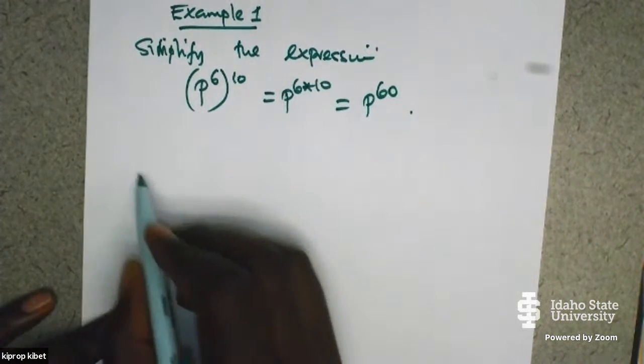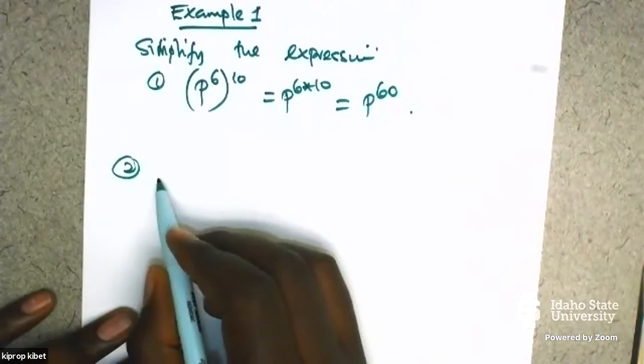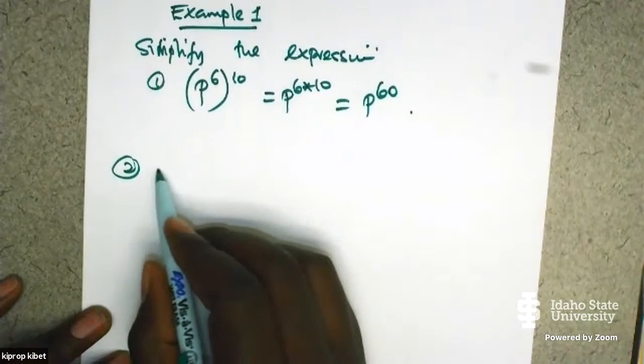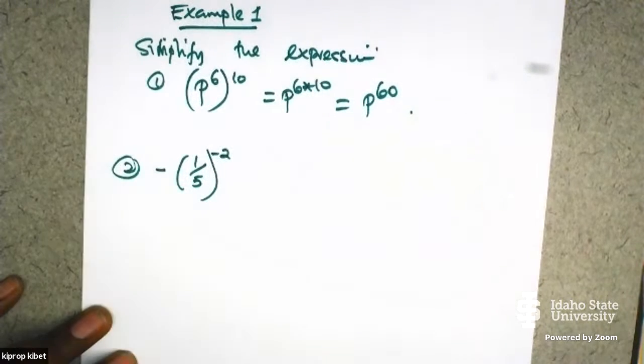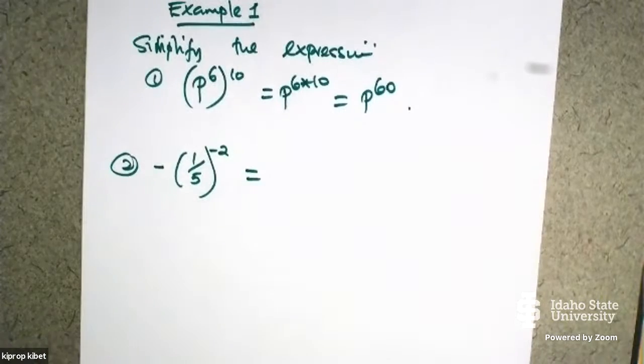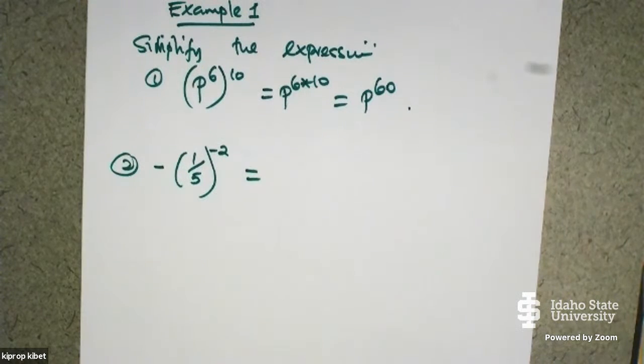Number 2, simplify minus 1 all over 5 raised to minus 2. So what happens here? Is that negative being affected? No, it is outside. So using which property?